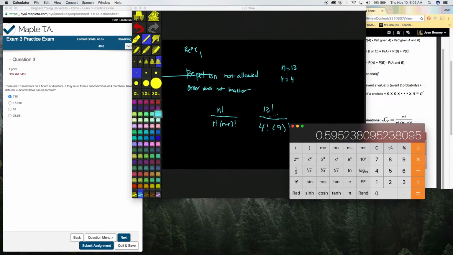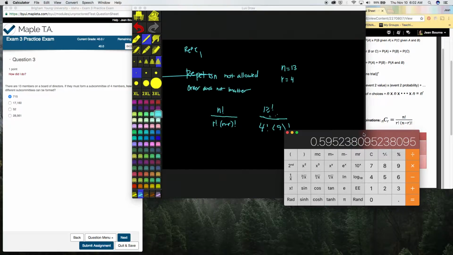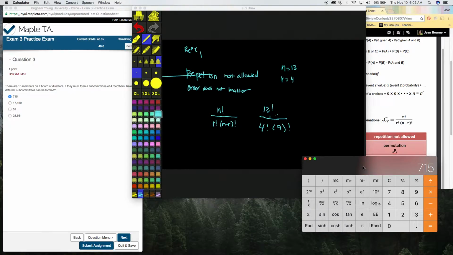If you're looking for the factorial button, the easiest way is to go 13 factorial divided by 4 factorial. And because the 9 is on the bottom too, I'm going to divide by 9 factorial also. So you just divide by everything that's on the bottom. And I get 715.